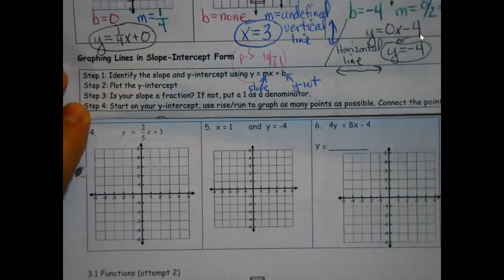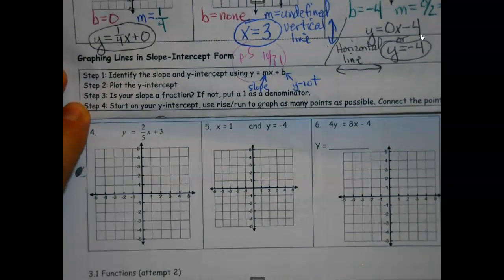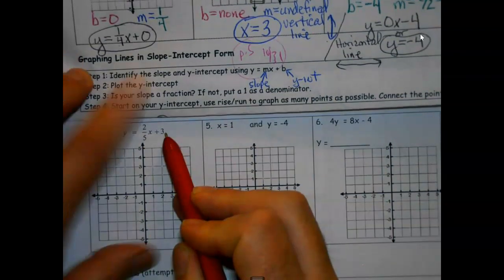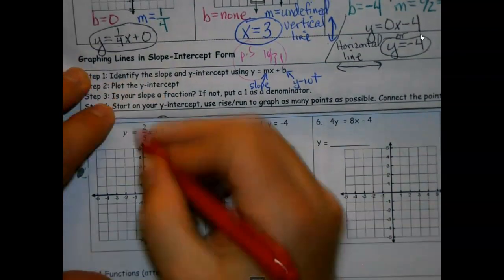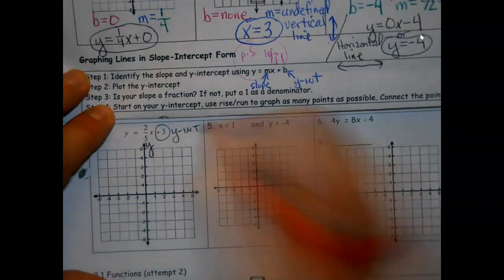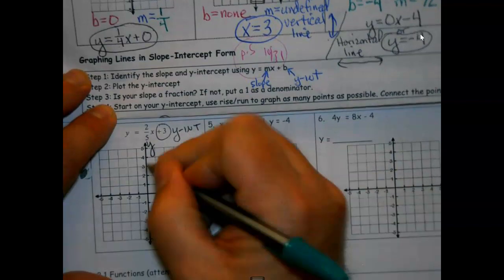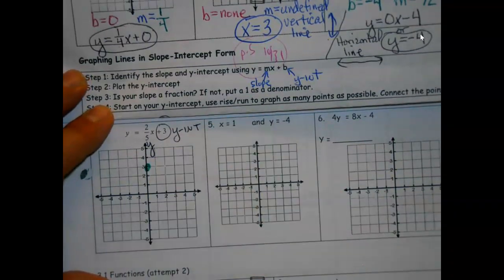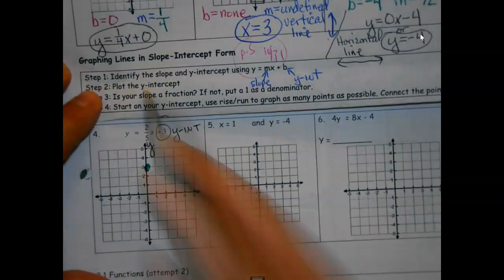Okay. Identify the slope and the y-intercept. Okay, there's my slope. There's my y-intercept. I got this. Plot the y-intercept. So there's my y-intercept. Positive 3. I go to where y equals positive 3, I put it down. Step 1, well, step 2 actually, done.